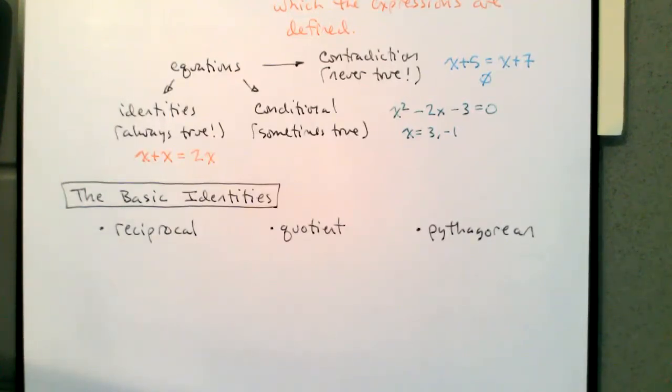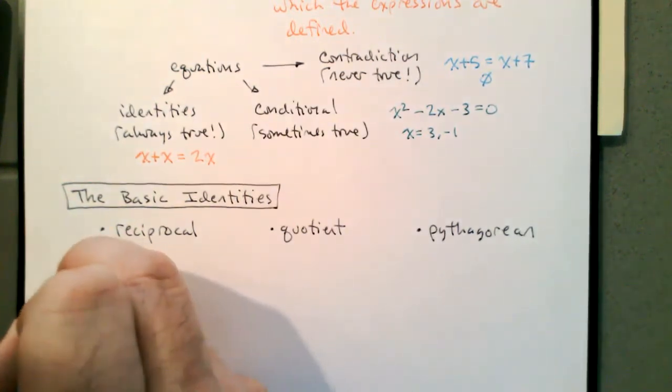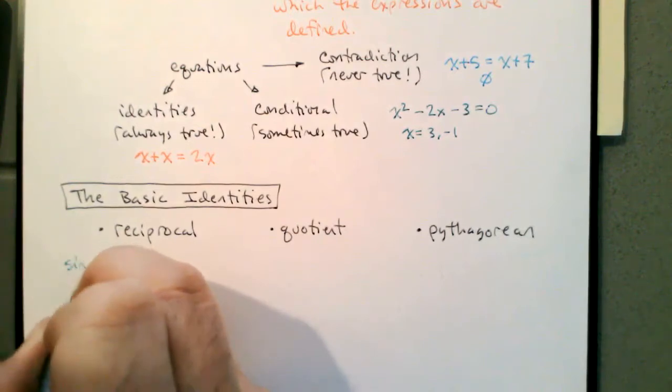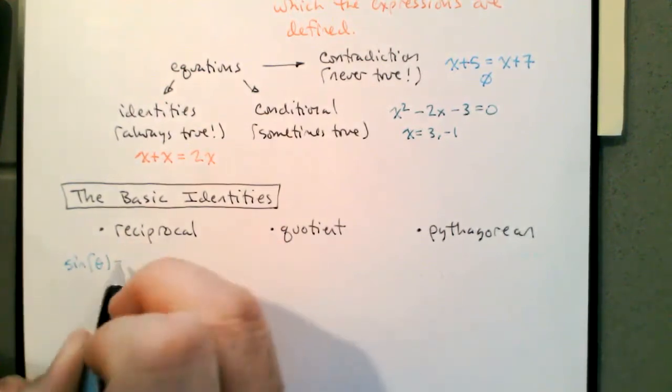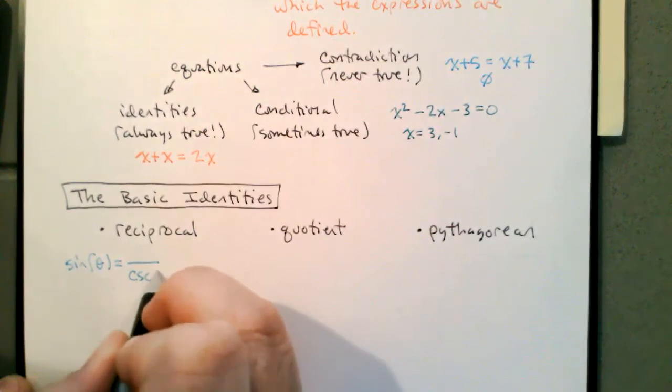The reciprocal identities are the relationships between sine and cosecant, cosine and secant, and tangent and cotangent. So reciprocal identities are the ones that say sine of theta is the reciprocal of cosecant theta.